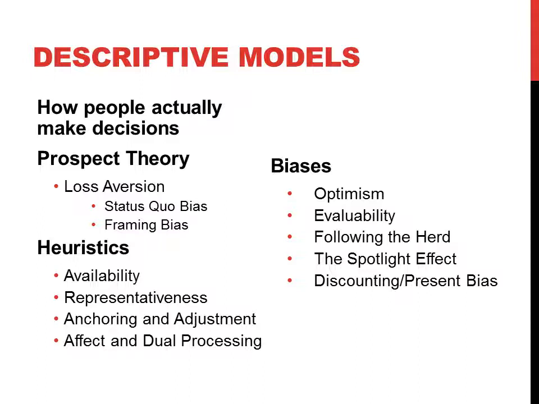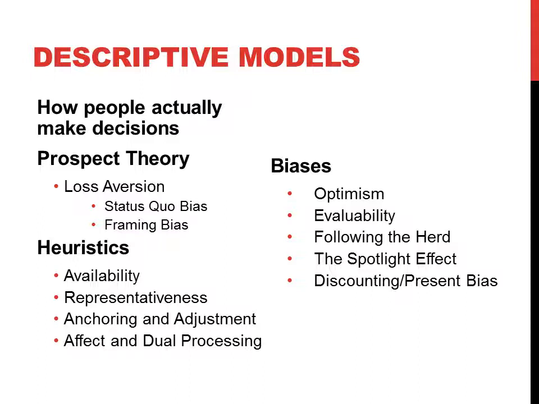The heuristics that we're going to learn about are called availability, representativeness, anchoring and adjustment, and then effect and dual processing. And then we're going to look at some biases, which are distorted perceptions of reality that result in distorted decisions.